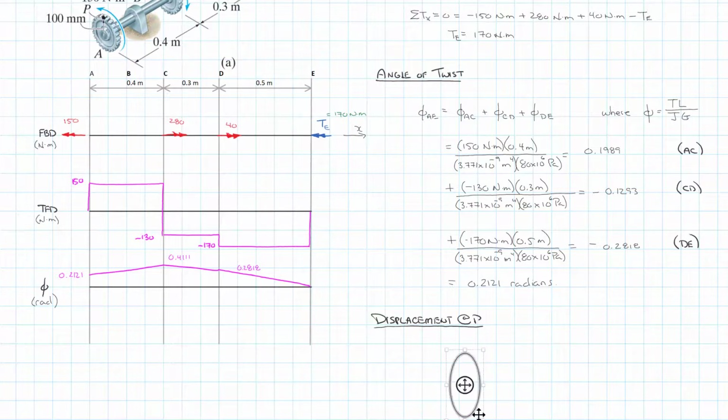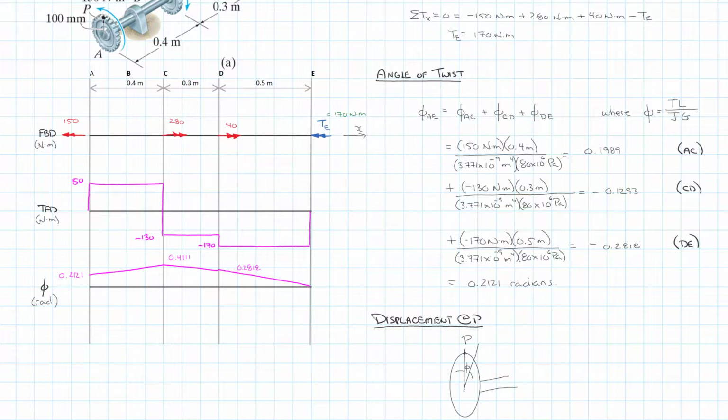If this is my gear that we're talking about, I'm just going to have my shaft going off here. So we have our tooth at P here, its original position. The shaft has an angle of twist of some value, and that is our angle of twist in here.